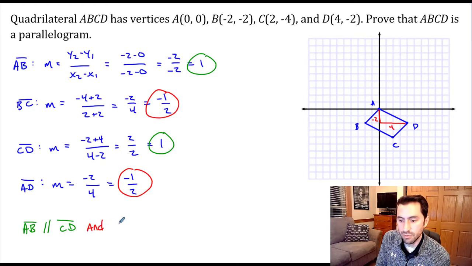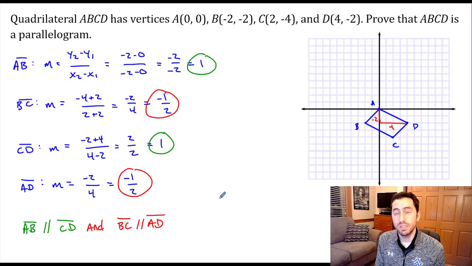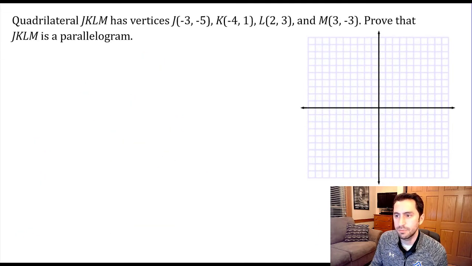So that means we also have BC is parallel to AD. And if those two things are true, that means that this is a parallelogram because of the definition of a parallelogram. Now, let's try one more example, and we'll justify that one in a different method.